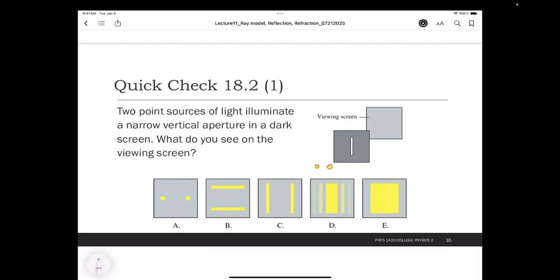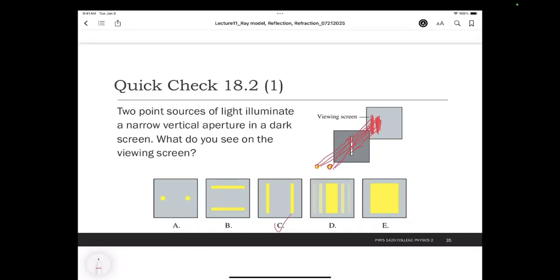Each will give you a bar, a similar bar here. This one will also give you the same bar. So the answer should be this one.